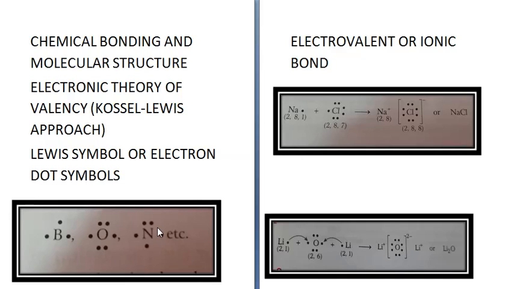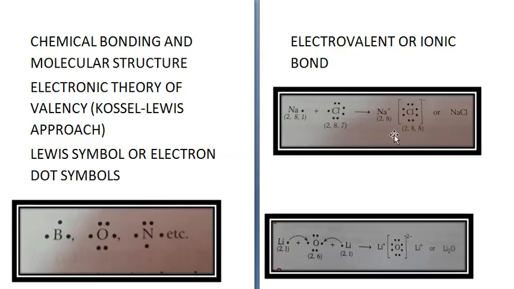In terms of Lewis structure, sodium has 1 electron in the outermost shell. Its electronic configuration is 2, 8, 1. So you write it like this: Na and 1 unpaired electron. Chlorine electronic configuration is 2, 8, 7. So you write chlorine and put 7 dots around it. So it forms NaCl.